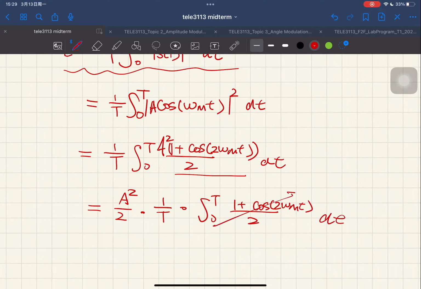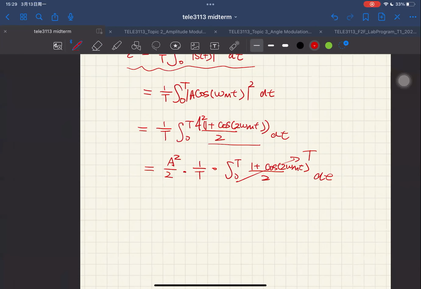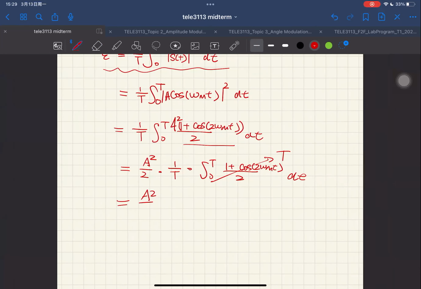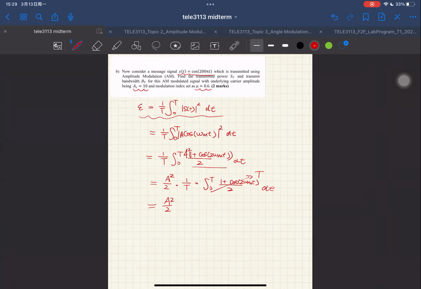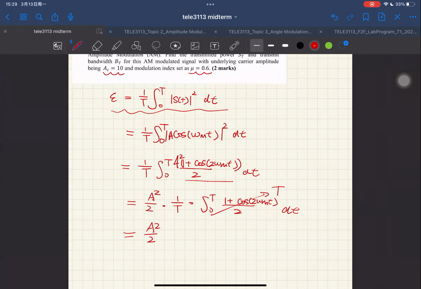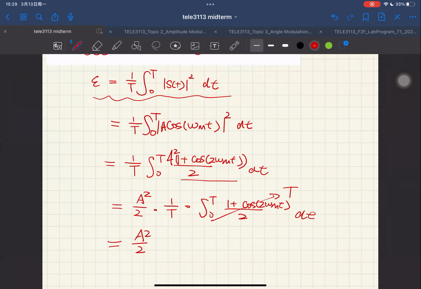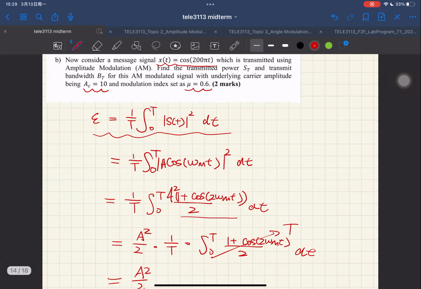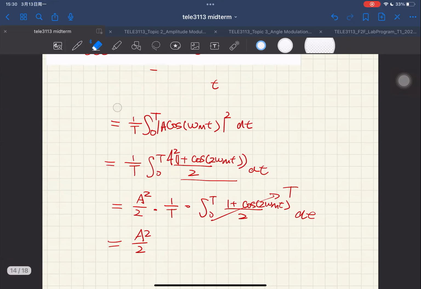This term will eventually get to T, and then you have A squared over 2. You don't have to go through this derivation in the exam. Just know that when you consider a sinusoidal function, sine or cosine, then the energy is A squared over 2, amplitude squared over 2. And this is what we're going to do for this question.